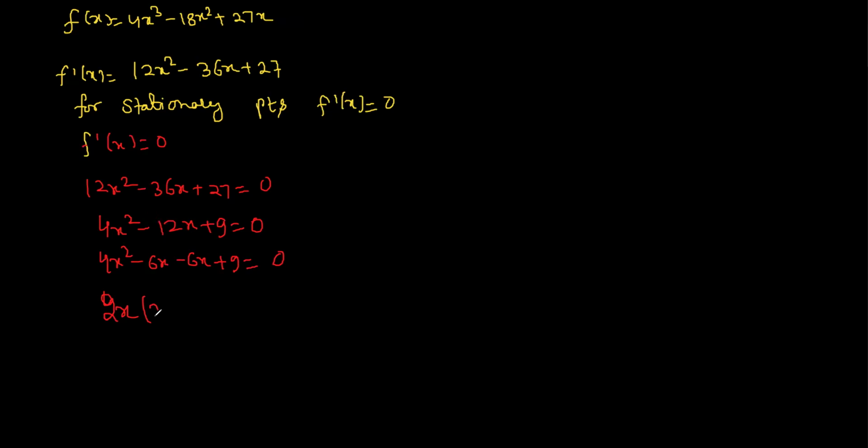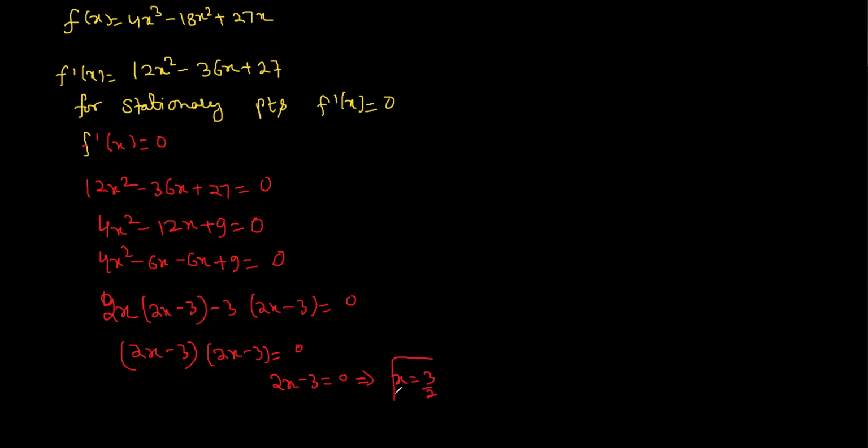Take 2x common. Minus 3 common. 2x minus 3, 2x minus 3, right? Only one stationary point you are getting, which is repeated 2 times, right? So this is the stationary point on which you have to decide it is maxima and minima, right?